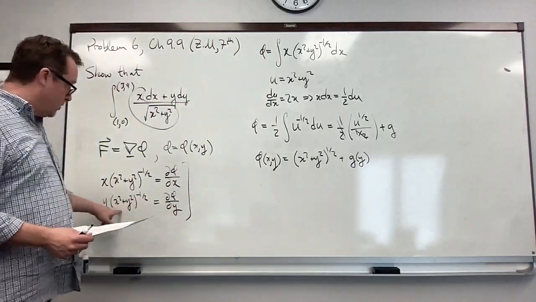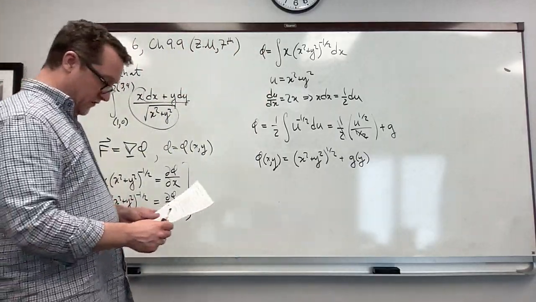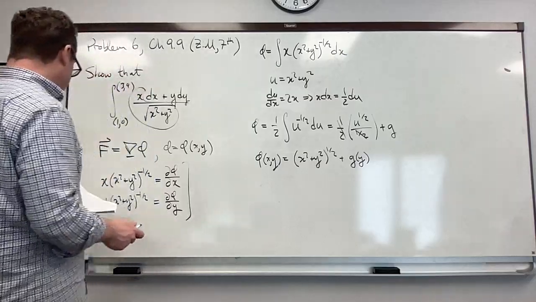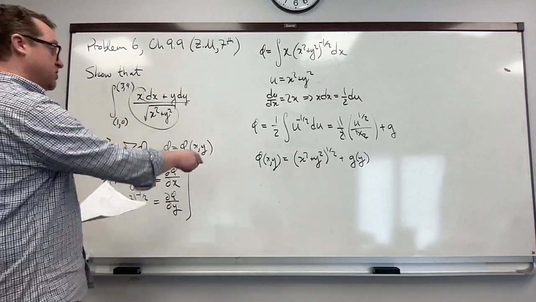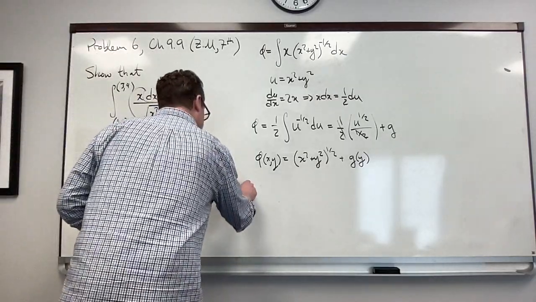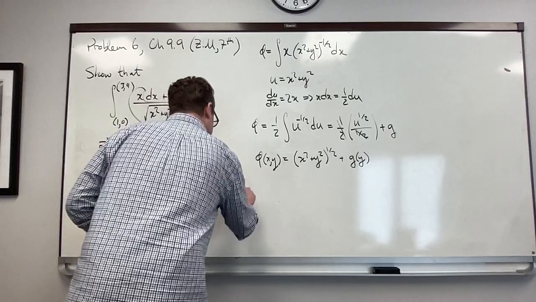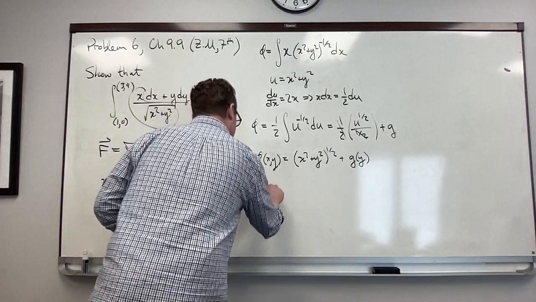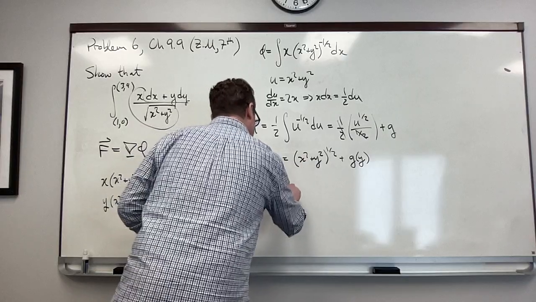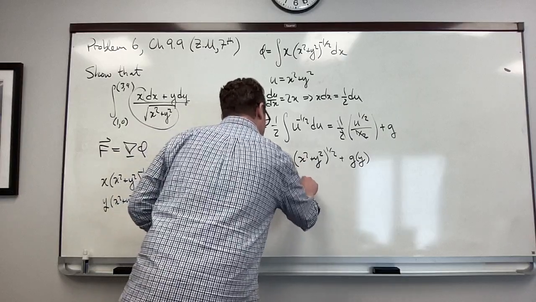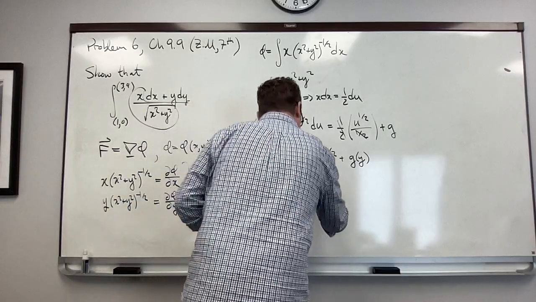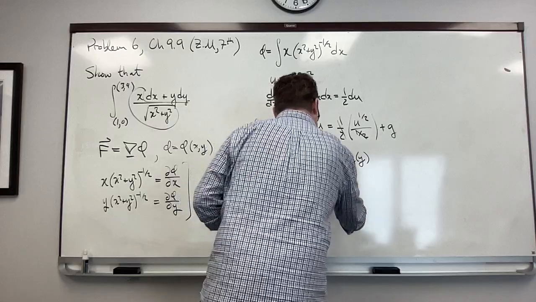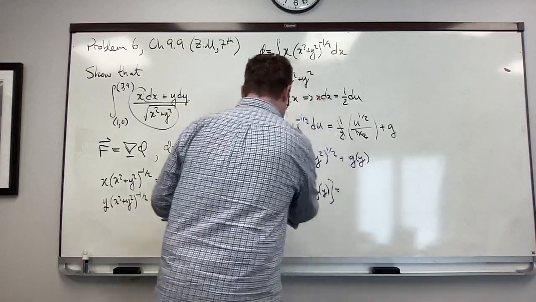Well, we enforce this equation and solve for g of y. So what we're going to require is that the partial of phi with respect to y is the partial with respect to y of what I just solved for here, including the g of y, right? That equals, let's just execute this.